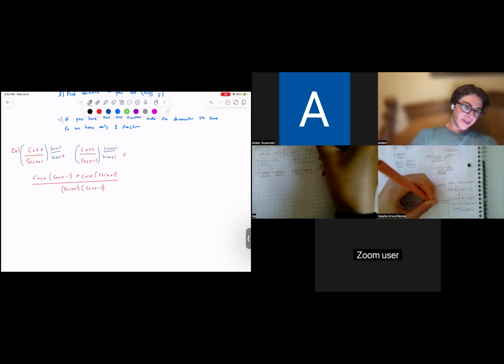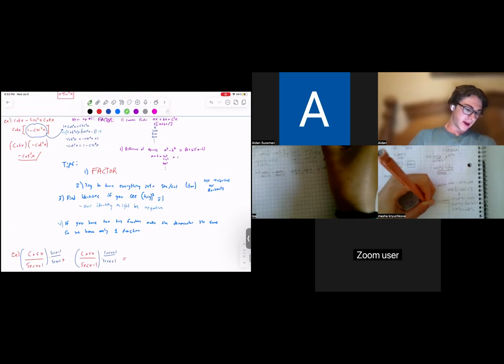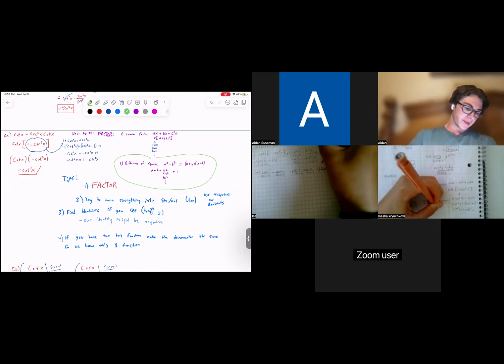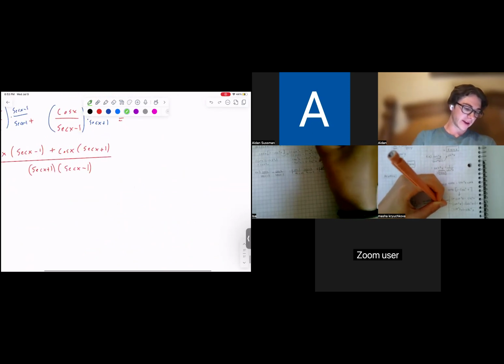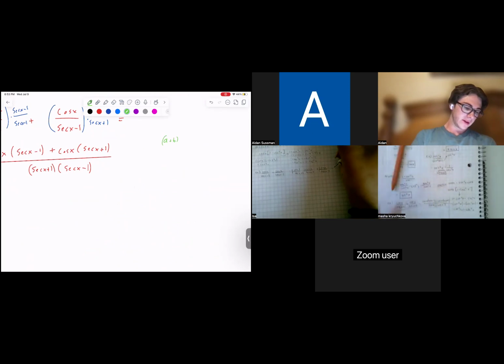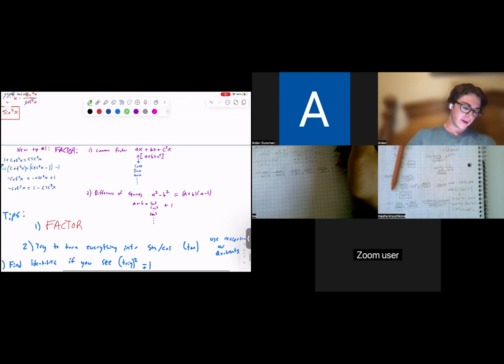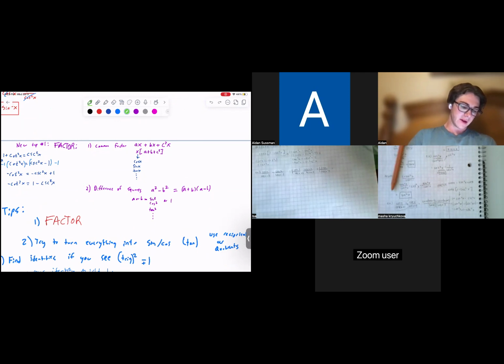And here's the big hint. I talked about it right here, but this is something we have to recognize. Anytime we see an a plus b times a minus b, that equals a difference of squares, a squared minus b squared. That's my difference of squares factoring.